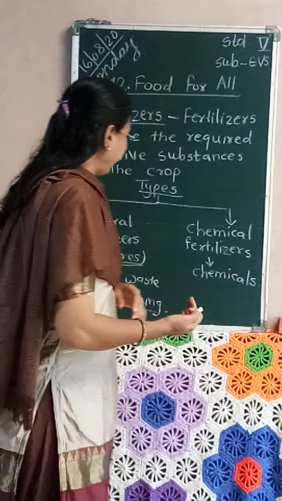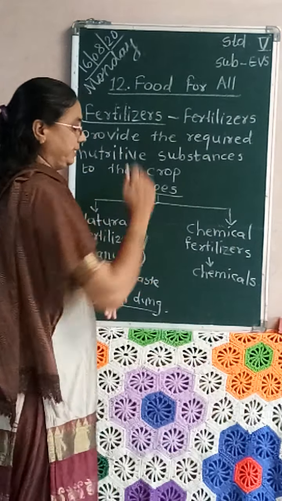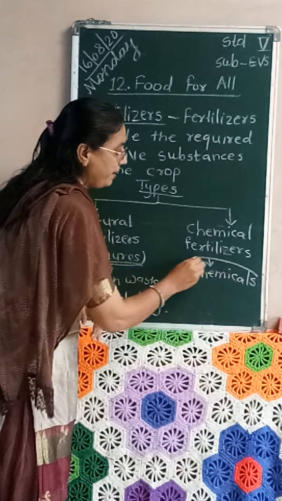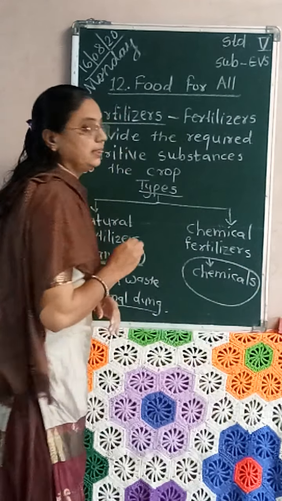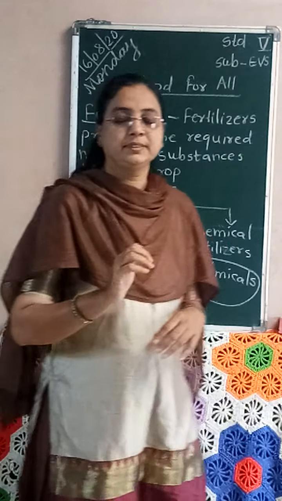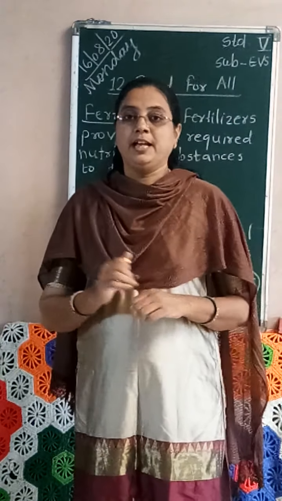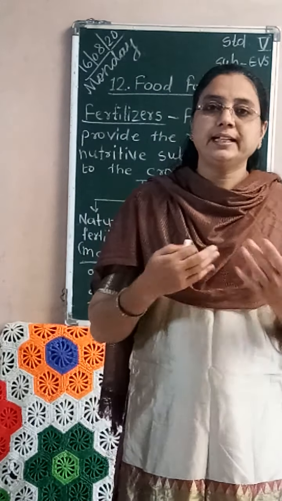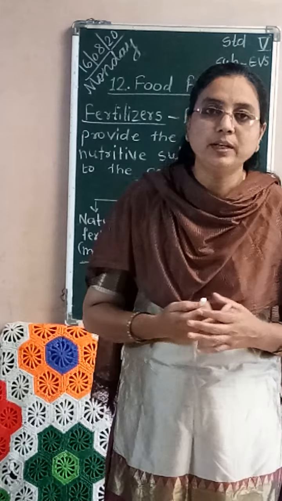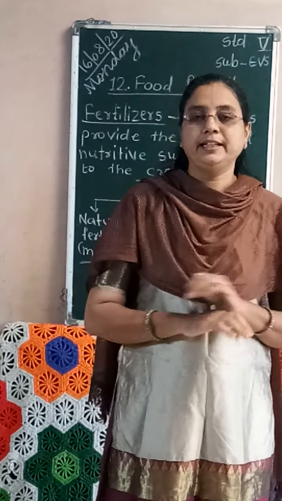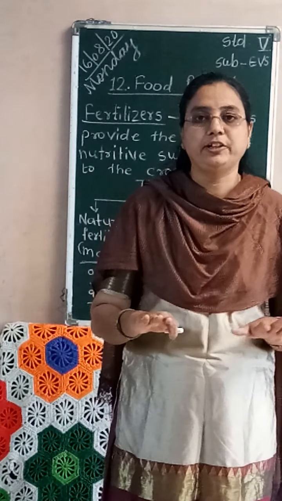Our next type is chemical fertilizers. Chemical fertilizers are made with chemicals. They are prepared from chemical substances. We can see its effect, we can get a good harvest, but at the same time whatever crop production we are getting does not have good nutritive value.